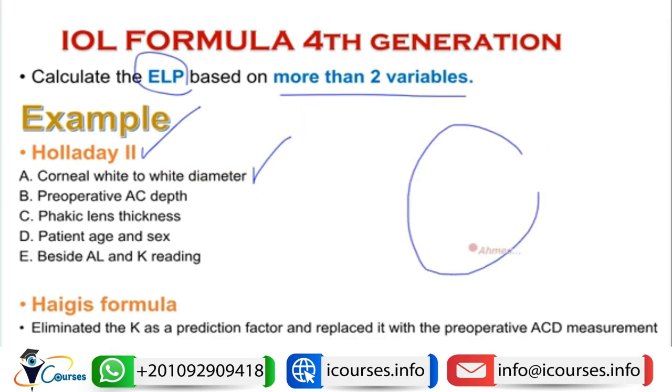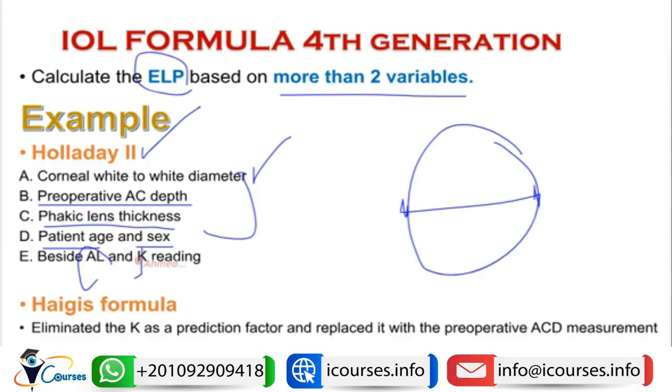The white-to-white measurement is basically the distance from limbus to limbus, or the corneal diameter, and also the preoperative anterior chamber depth and the phakic lens thickness, or the crystalline lens thickness, and the patient age and sex, because there will be changes in the anterior chamber volume over age and sex. As you know, the anterior chamber will be shallower in females than males. This should be taken into consideration with the axial length and the K reading.